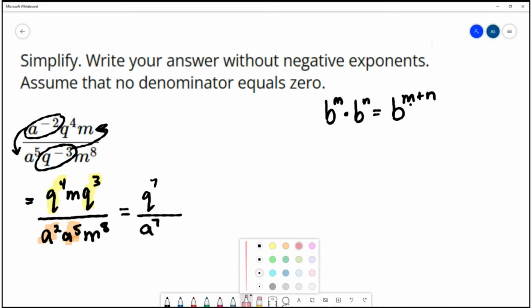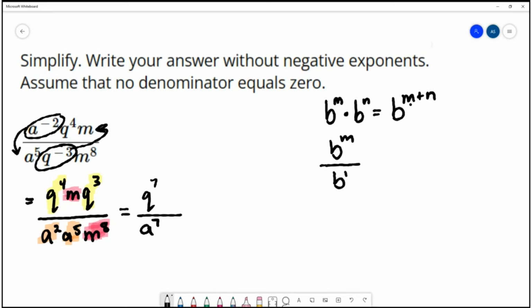And finally, we have two factors with the base of m, and one is in the numerator and one is in the denominator. So I'm going to use the quotient rule for exponents. The quotient rule says that if you have b to the m divided by b to the n, so you're dividing with the same base, then you subtract the exponents, m minus n.